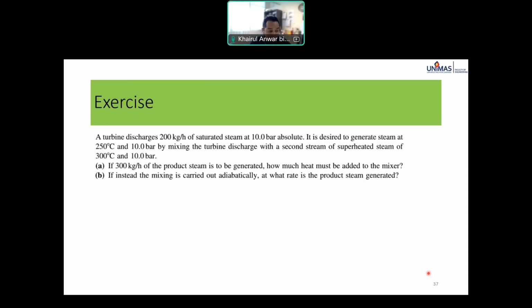The second step requires you to refer to tables B5, B6, B7, to identify the enthalpy for each of the inlet and outlet streams: two inlets, one outlet, so three. Then what else? The final step is to write the appropriate form of energy balance and solve it for the desired quantity.